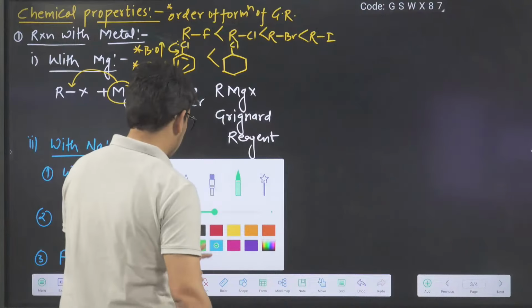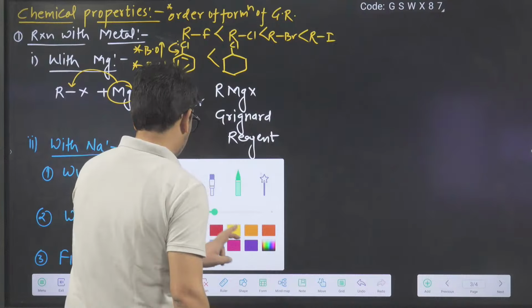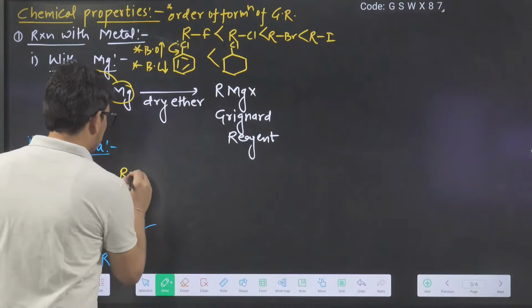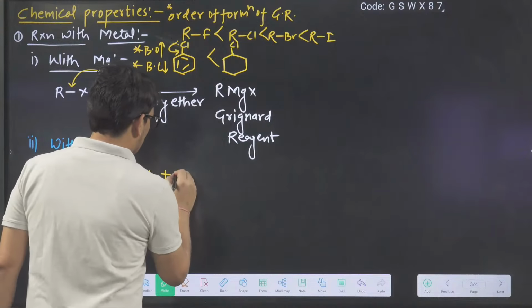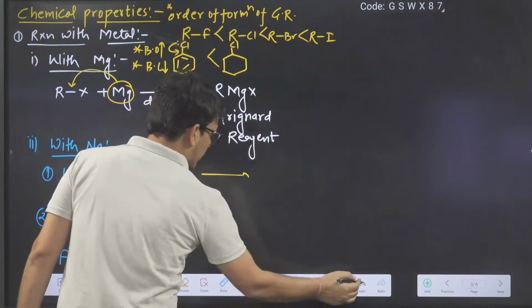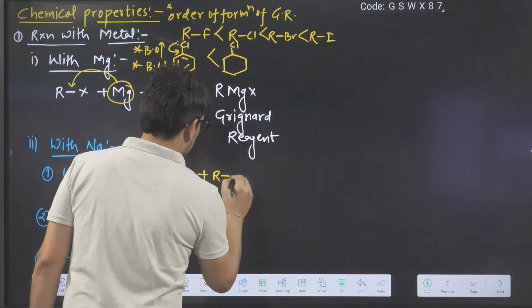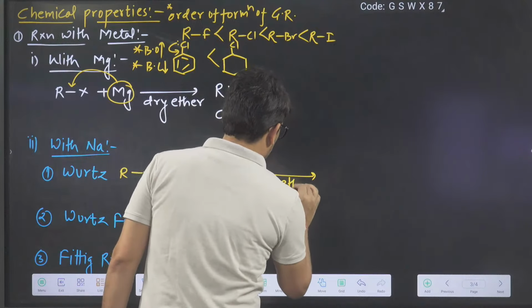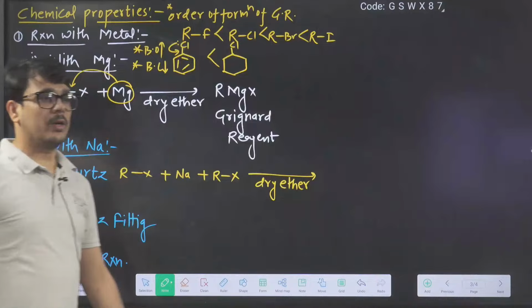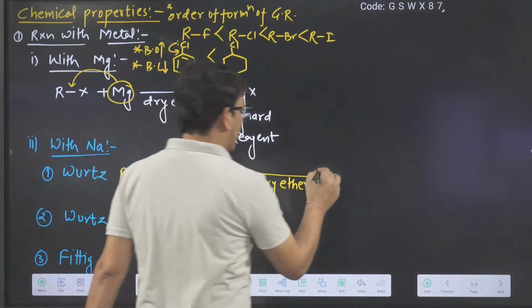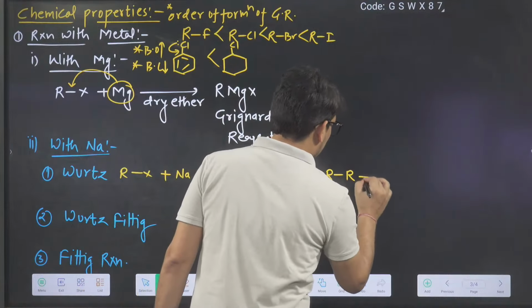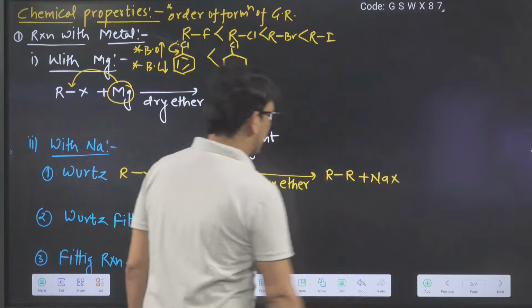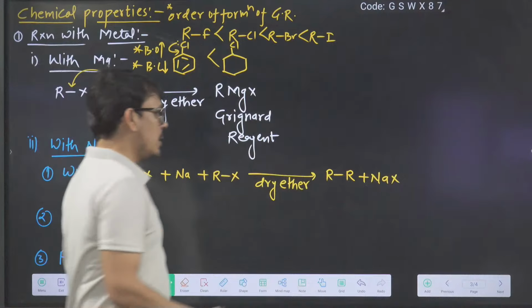Now, Wurtz means what? In this reaction, RX reacts with sodium metal, again with RX. And here what solvent are we using? Dry ether. Here also dry ether, and here you will get R–R plus NaX.